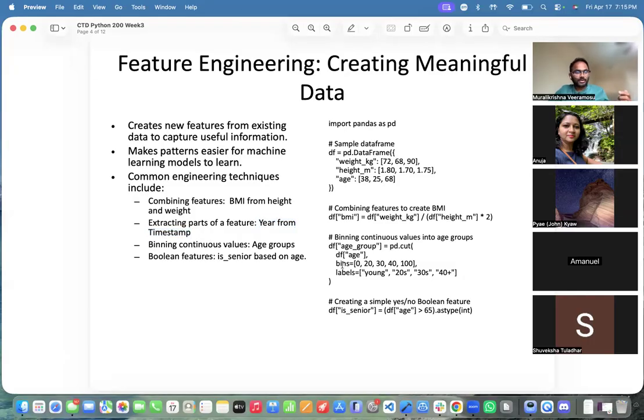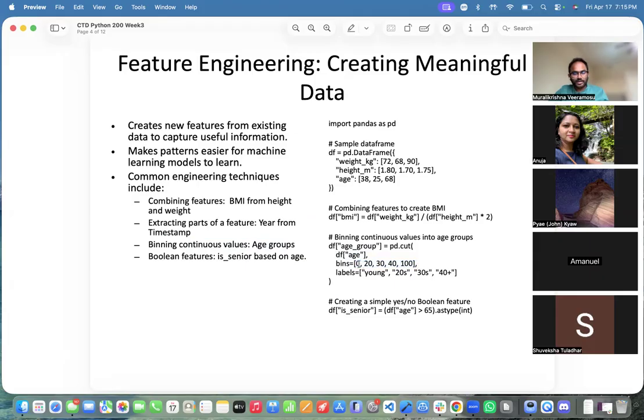And then you can create binning for continuous values. One example you can see over here is the age feature. We are converting it to bins.